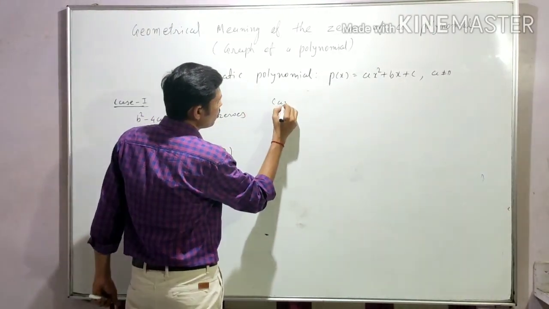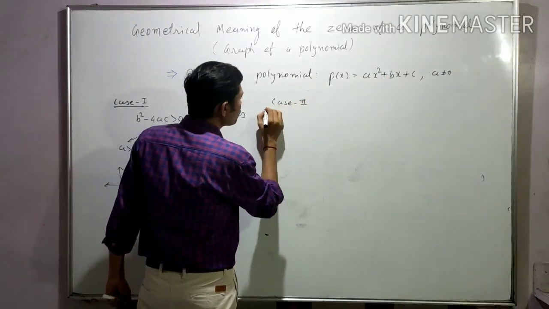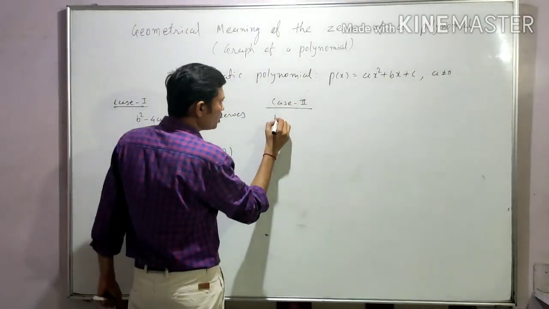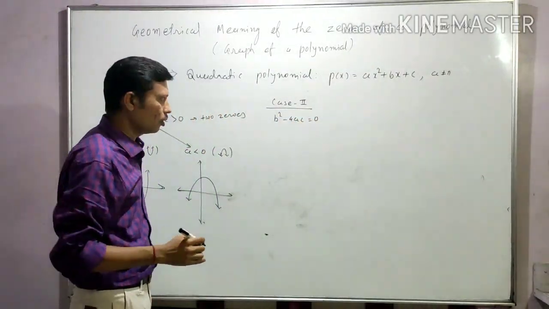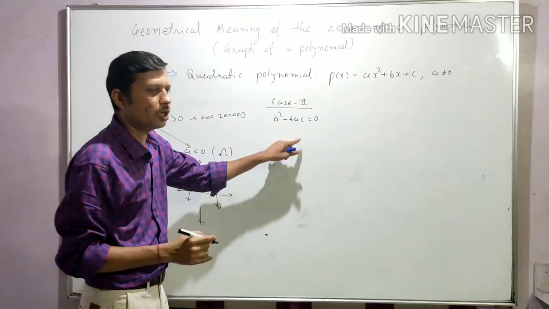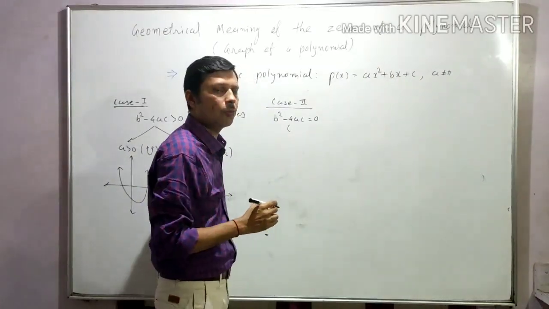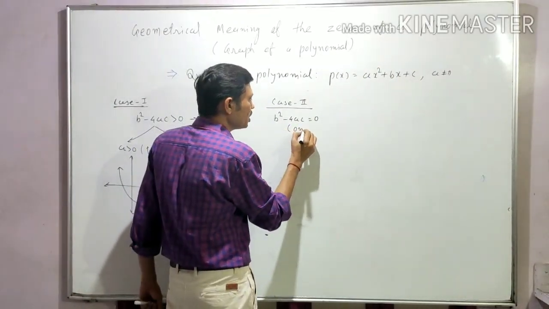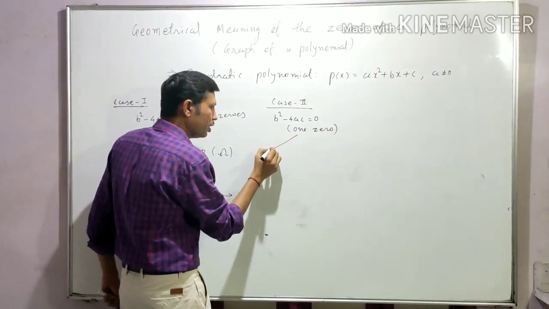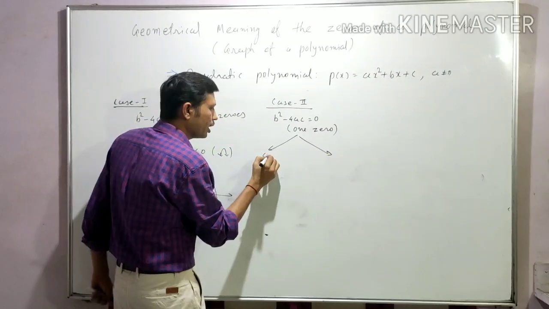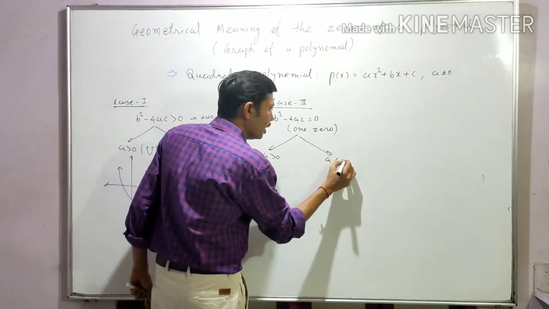Now case 2. For case 2, the condition is b square minus 4ac equal to 0. Here it was greater than 0, here it is equal to 0. That means how many zeros are there? It's one zero. Again we have two different conditions, a greater than 0 and a less than 0.